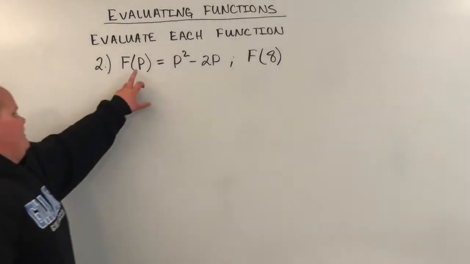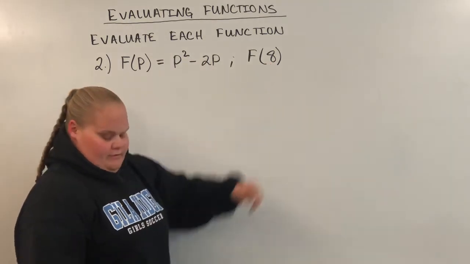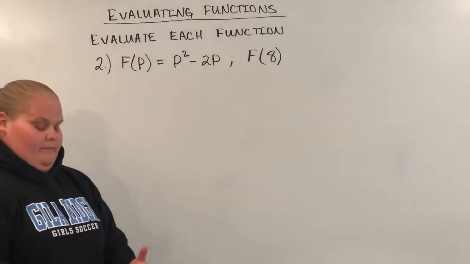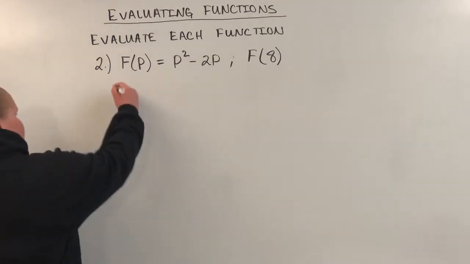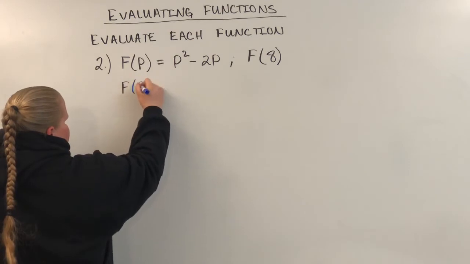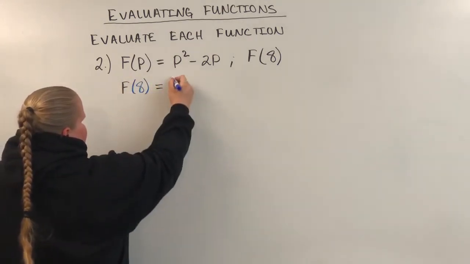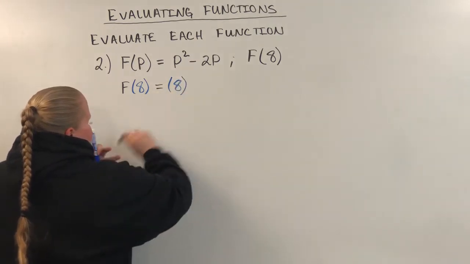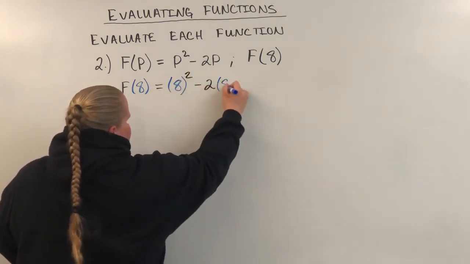So again, every place where I see p, I'm going to replace it with 8, because that's going to be the new value for p. We're literally just plugging in 8. So I have f of 8 equals 8 squared minus 2 times 8.